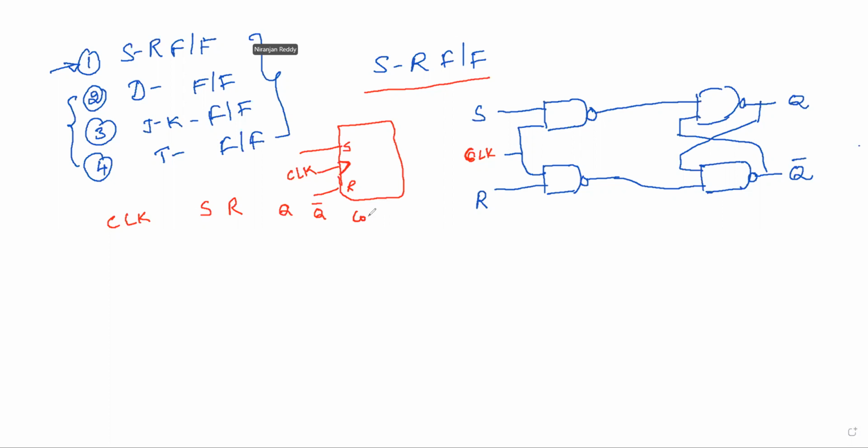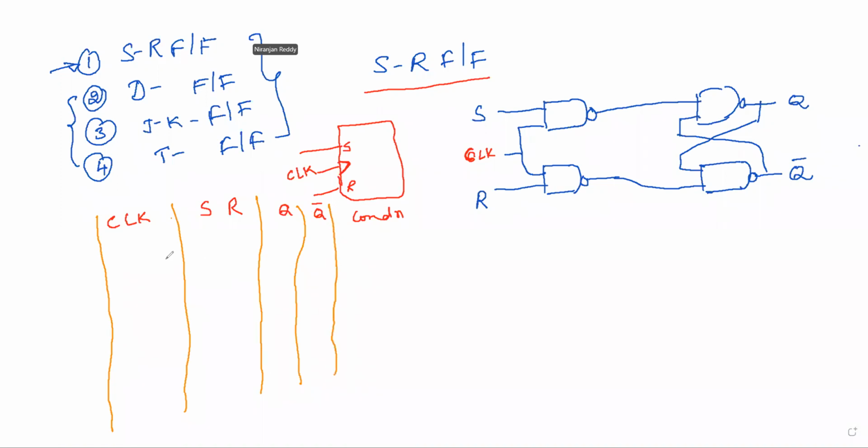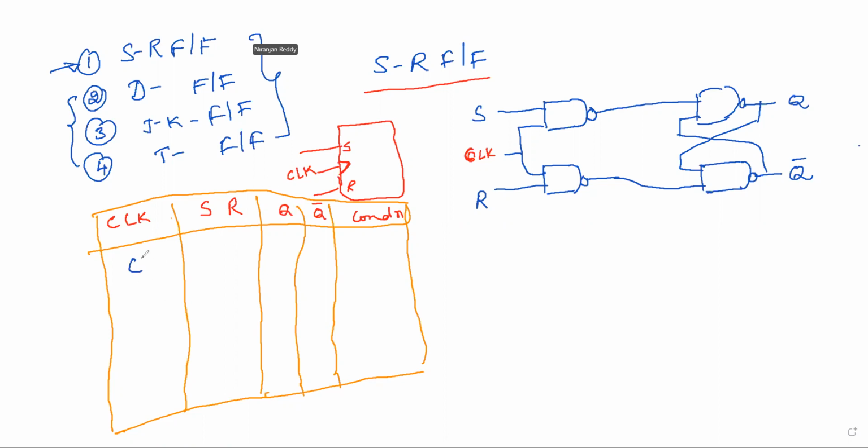And condition. So let me draw a table. Now, if the clock is 0, I discussed this with decoders, multiplexers, and all those things: when enable is equal to 0, the circuit will not be selected, right?